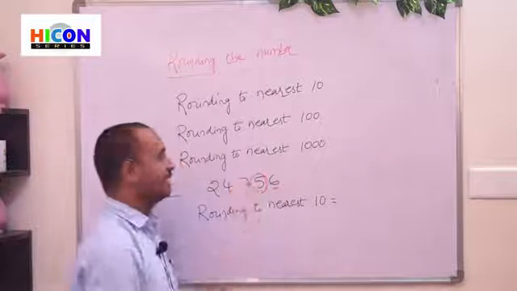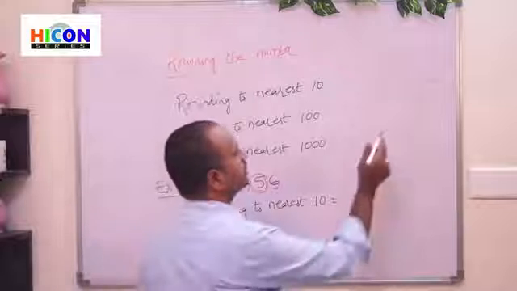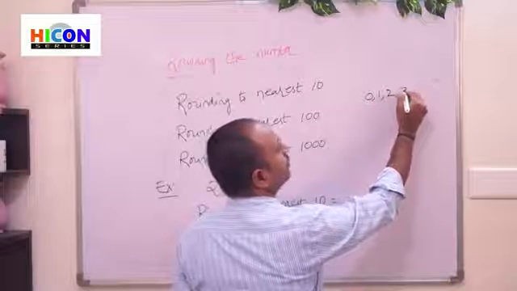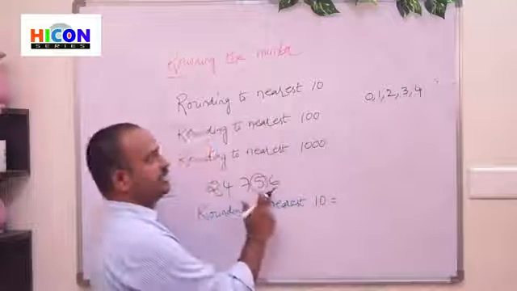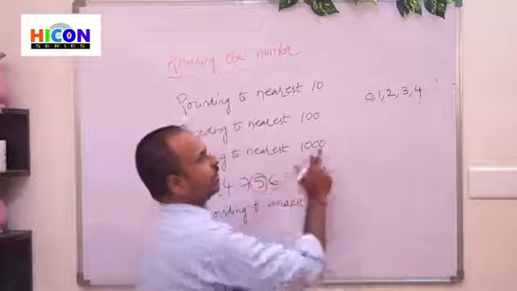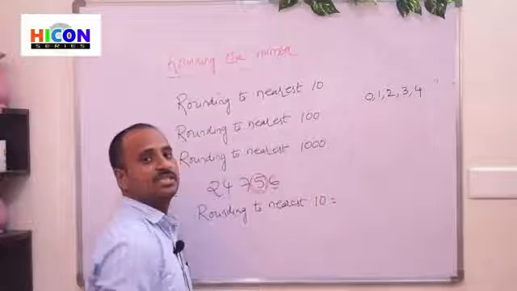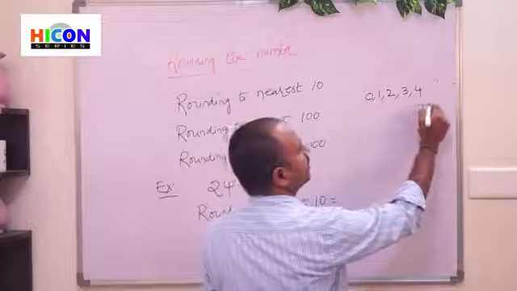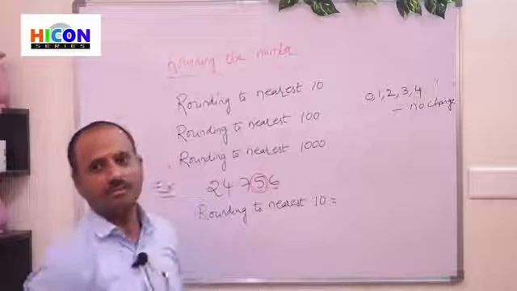If the next digit is less than 5, that is 0, 1, 2, 3 or 4, then keep the same tens. So no change in the tens place.